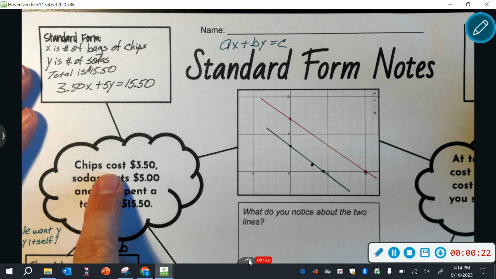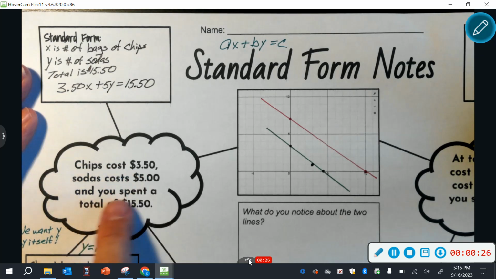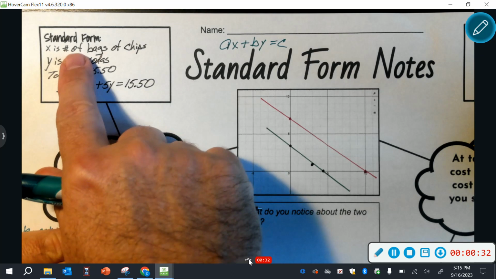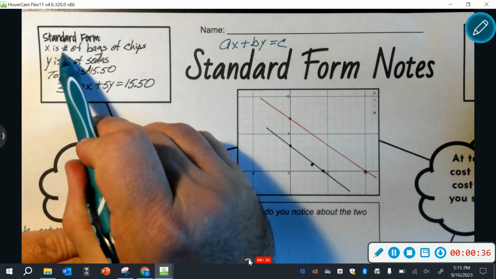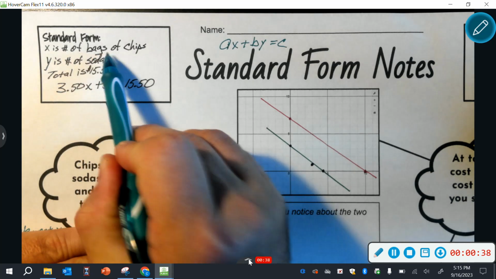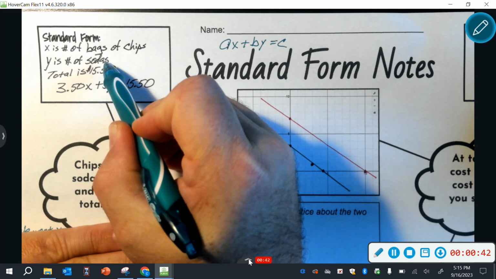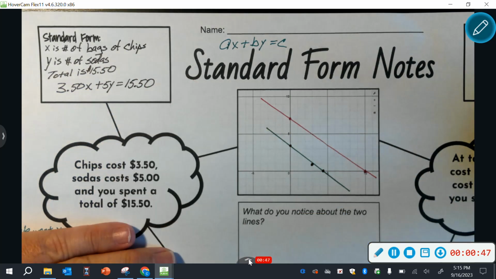It says chips cost $3.50, sodas cost $5, and you spent a total of $15.50. So up here, we want to put this situation into standard form, where X is going to be the number of bags of chips that we buy, Y is going to be the number of sodas, and then it tells us the total is $15.50.